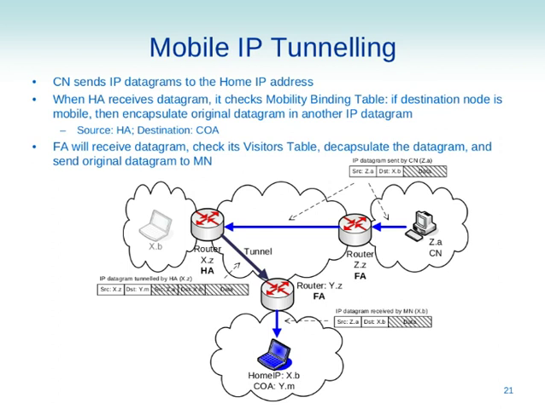It's only coming from the correspondent node to the mobile node. When the mobile node wants to send a packet, some data back to the correspondent node, then it will use just a normal IP packet. And what's the source and destination of that? So it's the same as here. Oh, reversed, sorry.